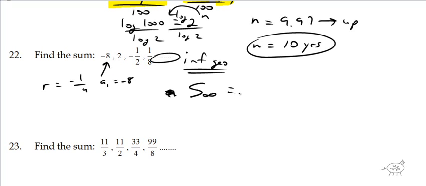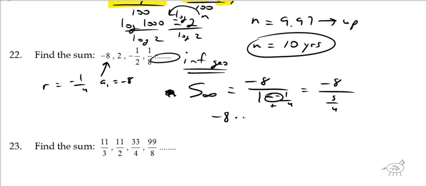S sub infinity is equal to a sub 1, which is -8 over 1 minus r, 1 over -1/4. So that changes to plus on the bottom, so it's -8 over 1 plus 1/4, so it's 5/4. And then basically if you do -8 times the reciprocal of that, you get -32/5, and that is the sum of that series.